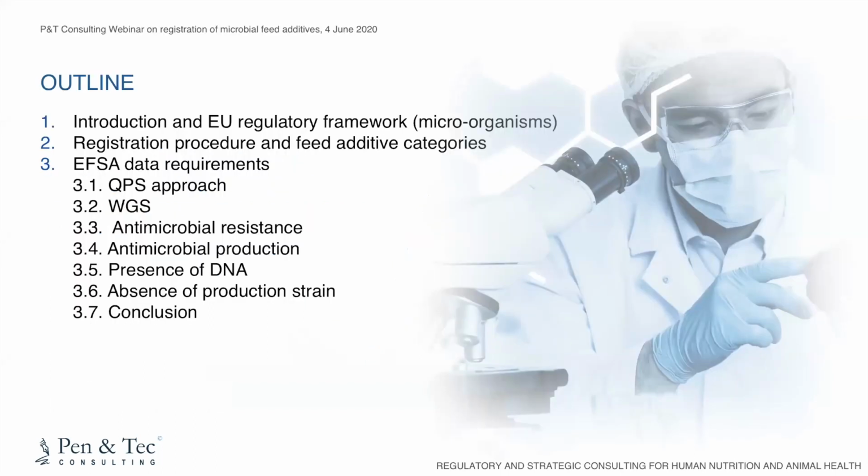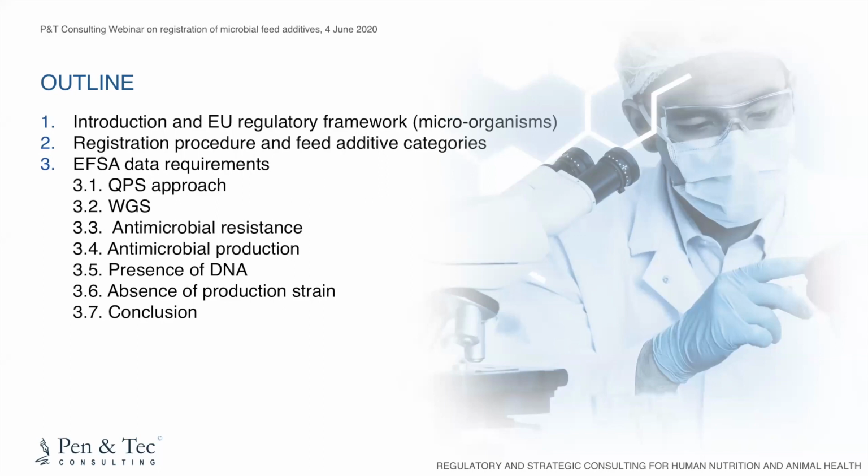During this webinar, I will first provide a brief introduction on microorganisms used in the food chain and on the regulatory framework. Then, specifically related to feed additives, we will outline the registration procedure and the different feed additive categories and functional groups belonging to each category. Finally, we will go through the data requirements for the characterization of microorganisms used as feed additives or as feed additive production strains.